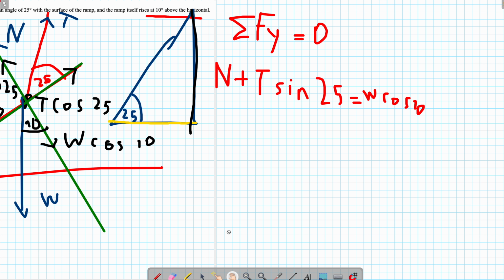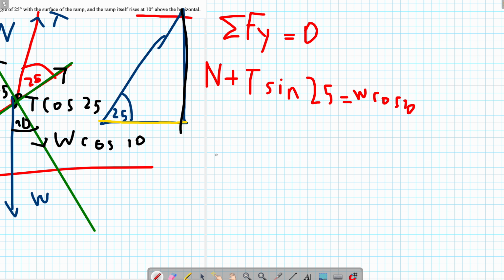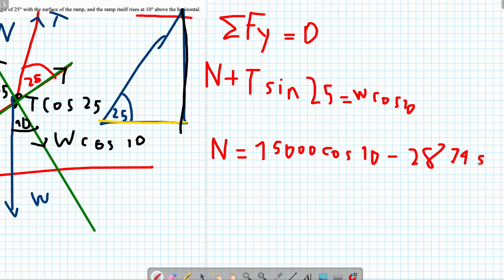So normal is equal to 15,000 cosine 10 minus 2874 sine 25.